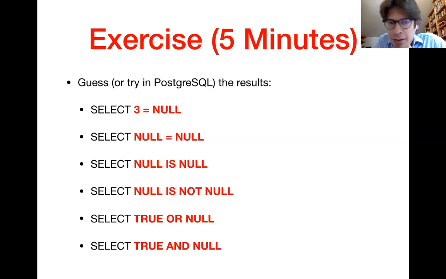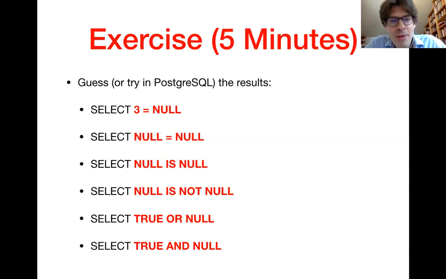Now the problem is this. Those null values represent an unknown value. So they are placeholders, so to speak. That means if I write 3 equals null, it essentially asks whether 3 is equal to some unspecified placeholder. But the placeholder, as it is unspecified, we cannot be 100% sure that it isn't 3 by coincidence.